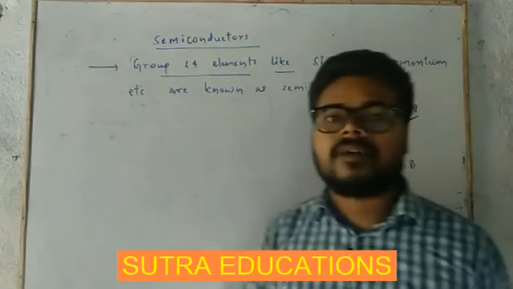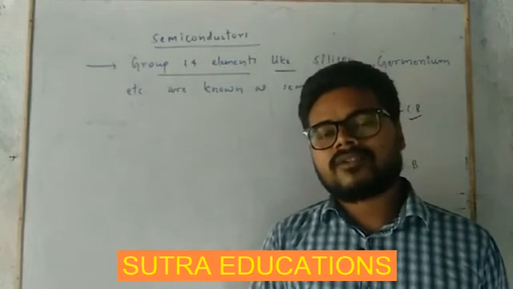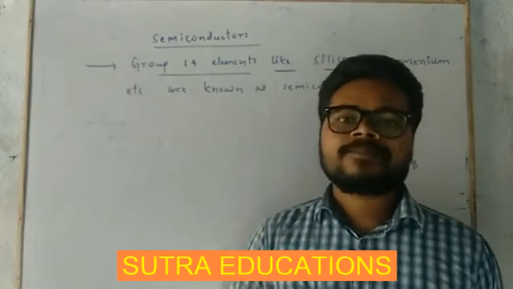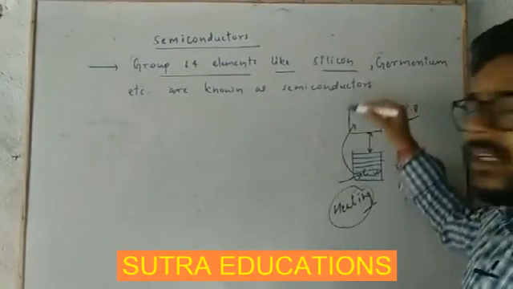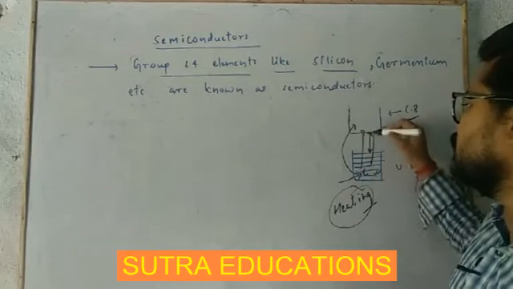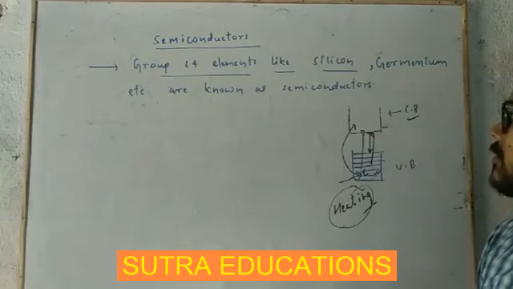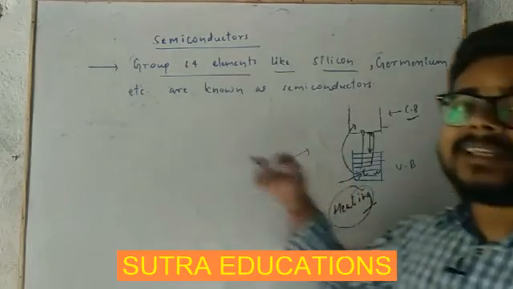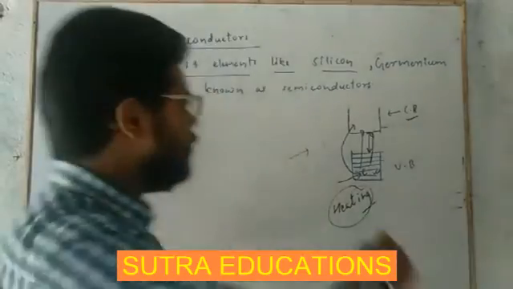So the rate of jumping of electrons will be increased, and if more electrons jump from the valence band to the conduction band, then we say conductivity is increasing.